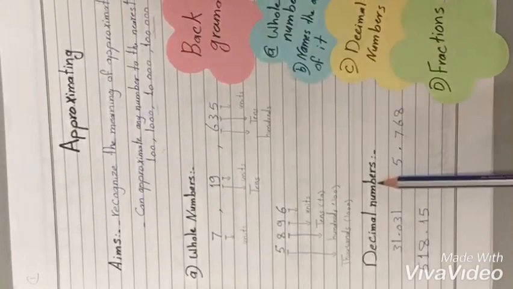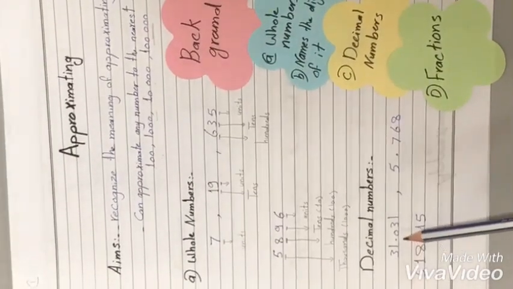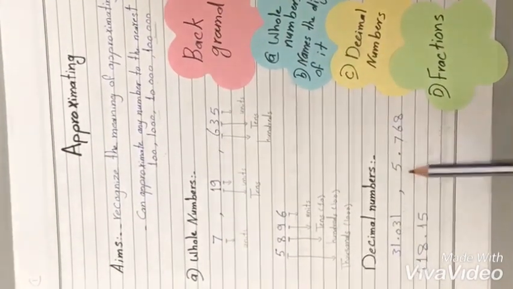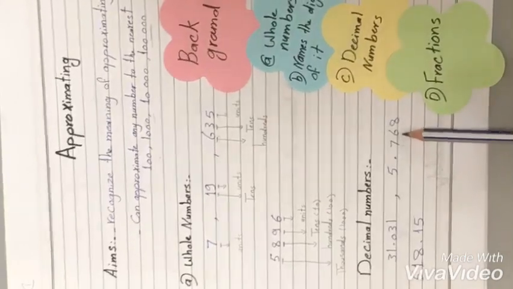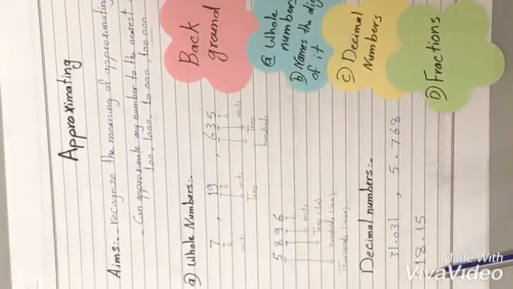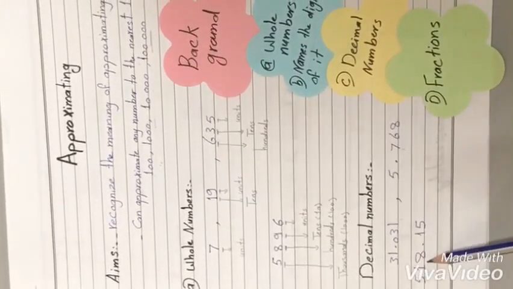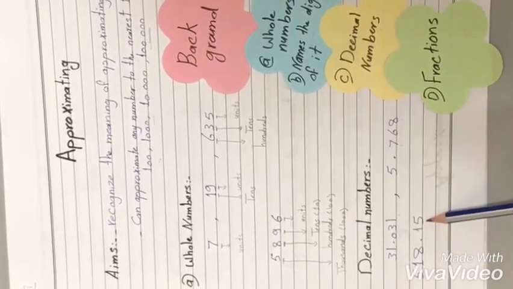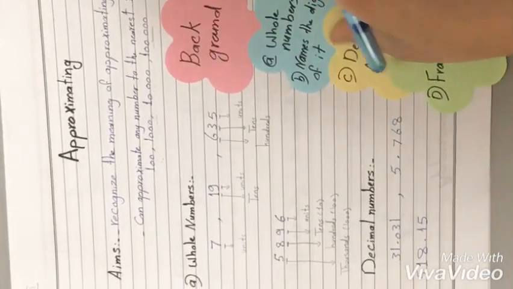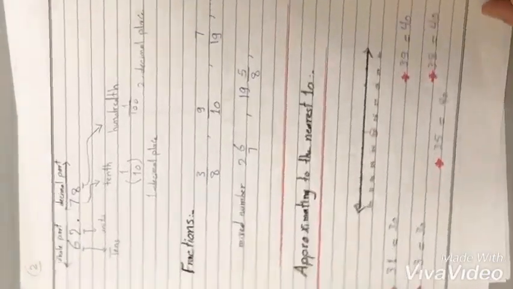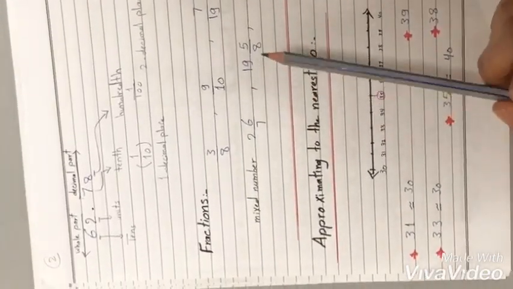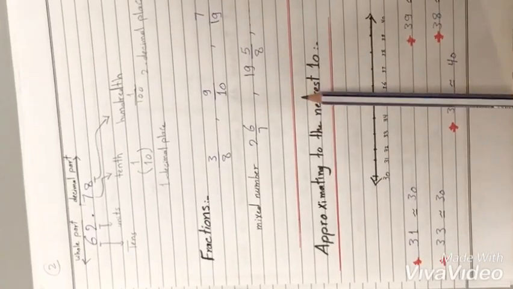Decimal numbers like 31.031, 5.768, 518.15. Another decimal number 2.78.